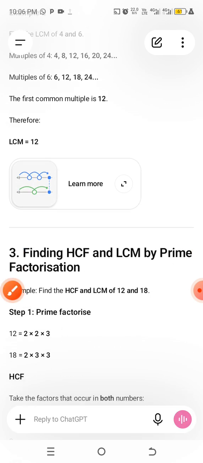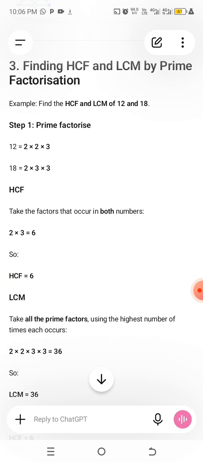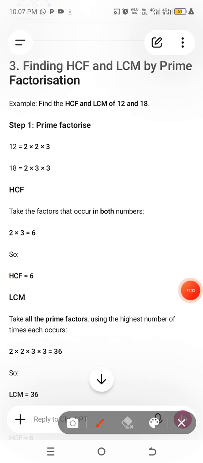Let's look at finding HCF and LCM by prime factorization. So if you want to find the HCF and LCM of 12 and 18, you find the factors of both of them. 12 equals 2 times 2, 4, 4 times 3, 12. 18 equals 2 times 3, 6, 6 times 3, 18.